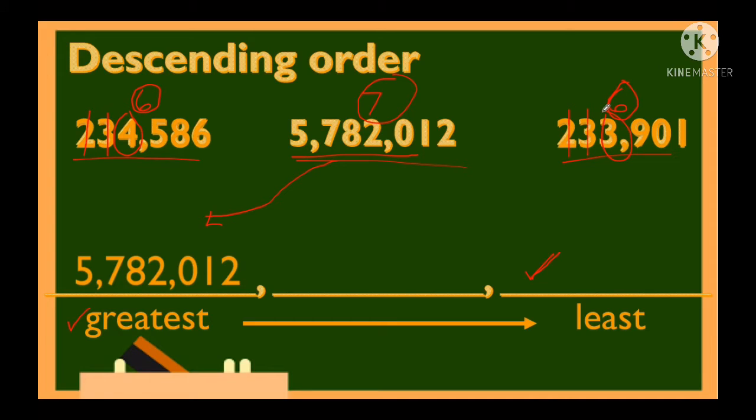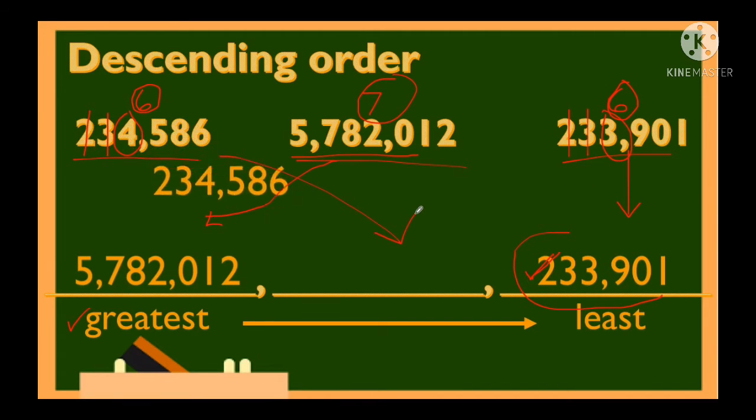That means we are now able to compare them. So we are about to find the least. Which is lesser, 4 or 3? 3, correct. So this number will go here. And the remaining number, of course, will go at the center. Easy. So that is just a quick review of our past lesson.